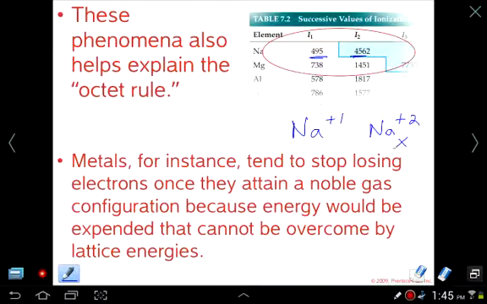Sodium always has a +1 charge, and that's because making it into a +2 charge involves an enormous amount of energy, and that energy cannot be overcome by the lattice energy. Lattice energies, whenever the substance forms, cannot compensate for the required energy to form that higher charge, and that's essentially the idea.